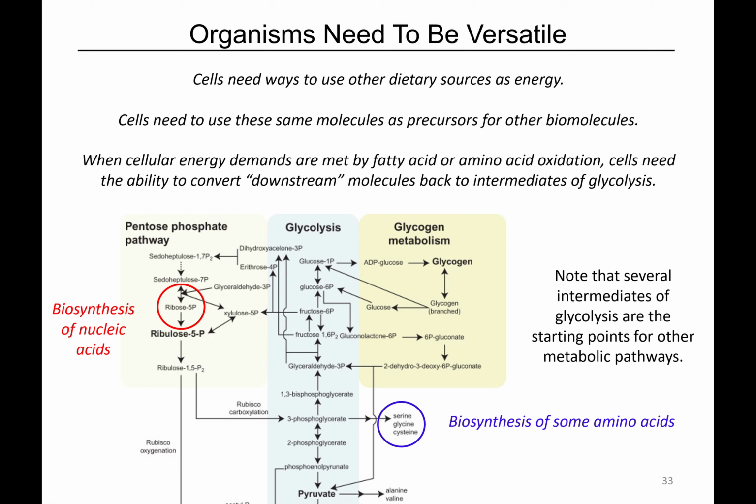And just to give you a sense of how some of these things are linked to glycolysis, and this is by no means everything linked to glycolysis. Glycolysis is central. These metabolites are central to all life, right? So we see here in the middle glycolysis, and we see that glucose 1-phosphate is linked to glycogen metabolism. This is the source for branching off and making glycogen to store energy, and it's linked to when glycogen breaks down.